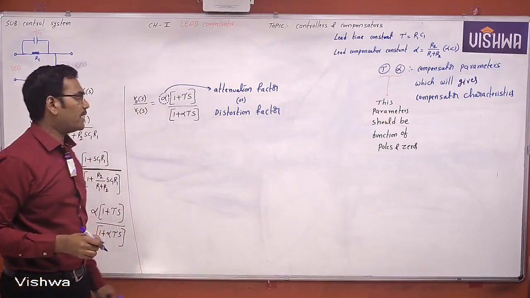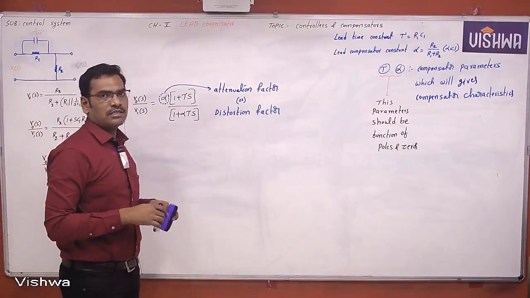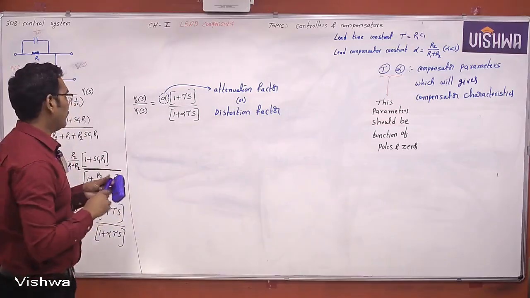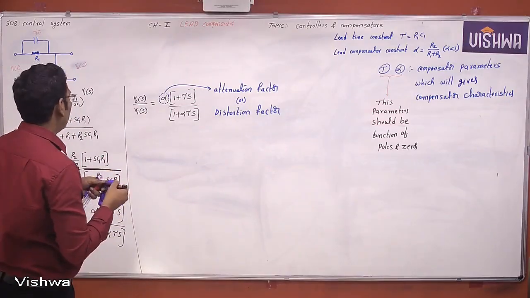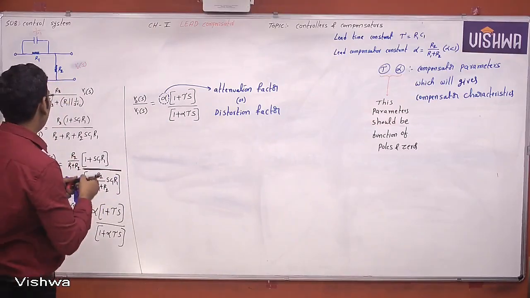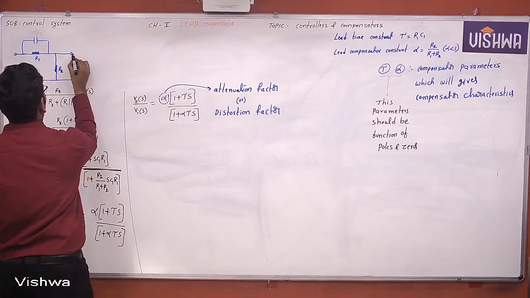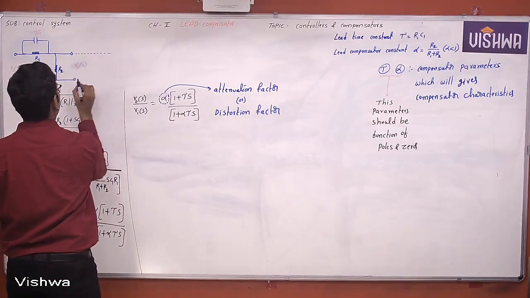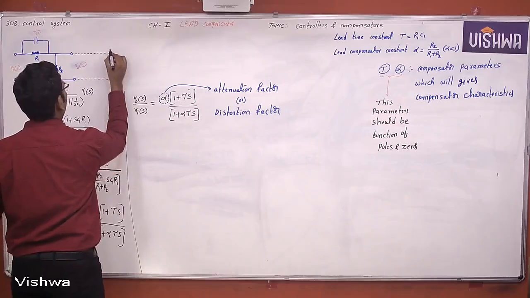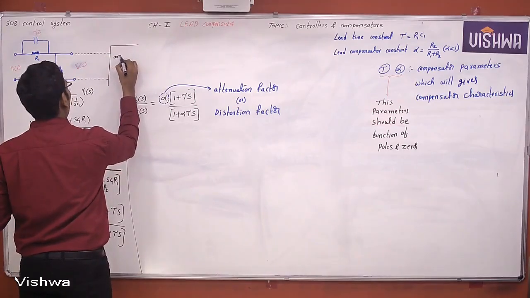So I don't want to keep this attenuation factor. I don't want to keep this distortion factor. We want to suppress that attenuation factor. Can I suppress this distortion factor? Yes. We can suppress it by passing this compensator through an amplifier.